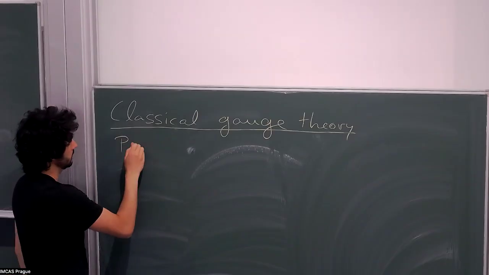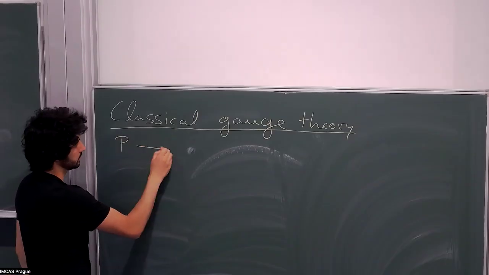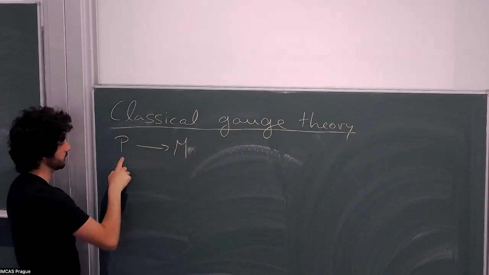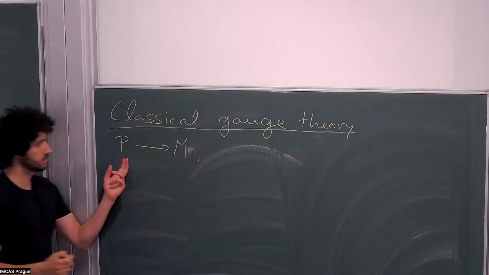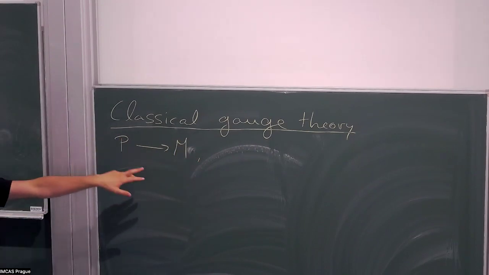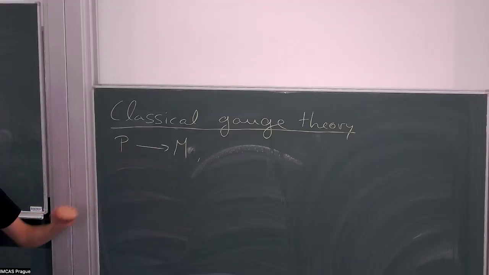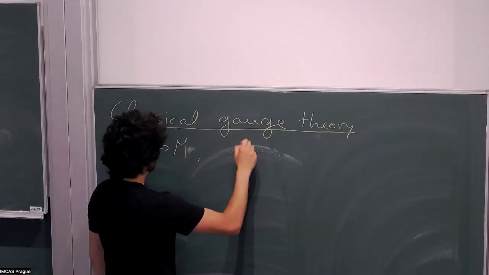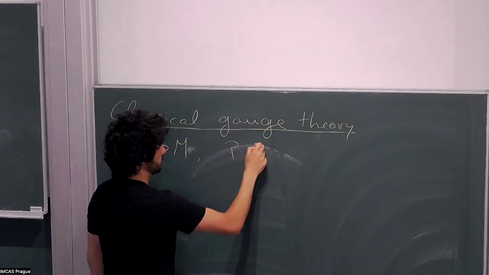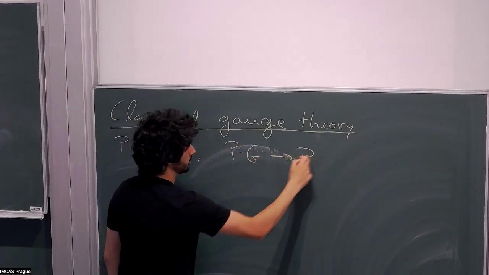We have a principal bundle over M, our manifold. Principal bundle just means that locally this looks like a cross product of the manifold with some Lie group, and we have a right action of the group on the bundle.